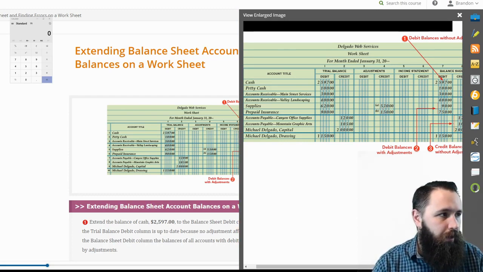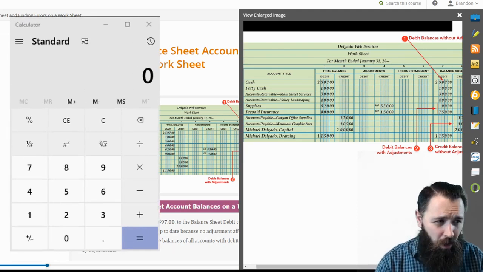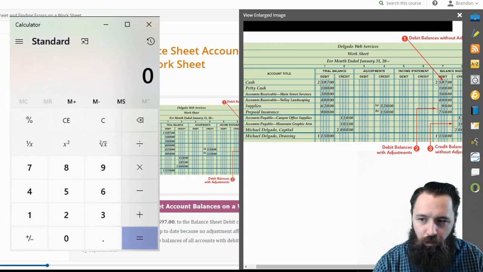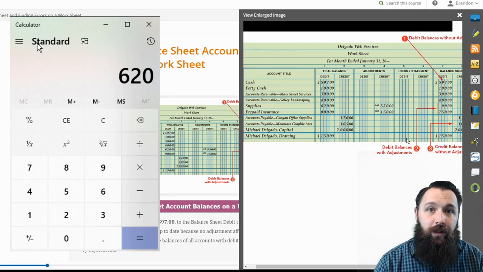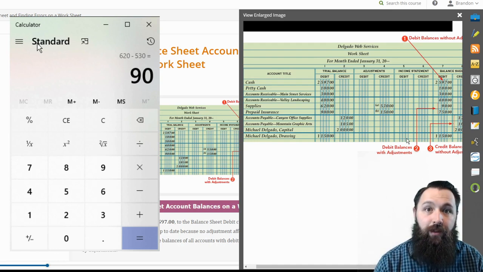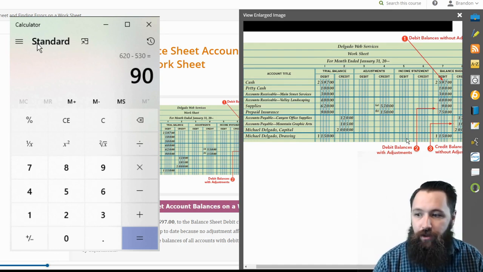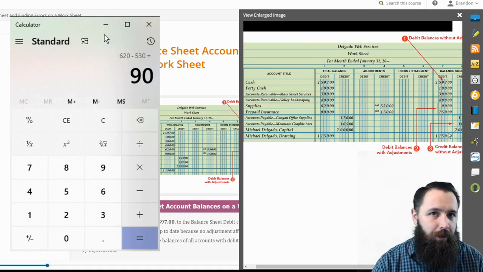So if we pulled up our calculator here and we take a look, all we're going to do is pretty much take the 620, and it's a debit balance of 620. We need to subtract the 530, and the difference is 90, okay? So that's going to be our difference here. And is that balance going to be a debit or credit?